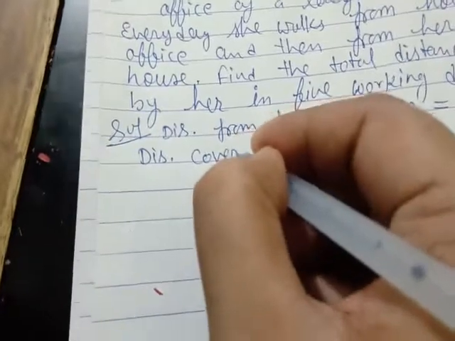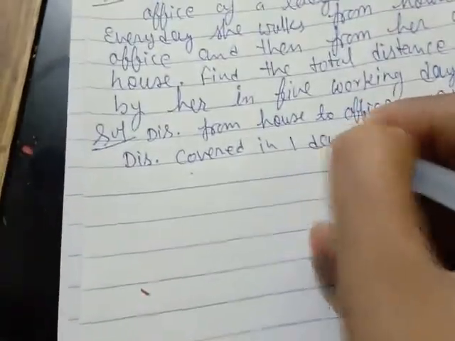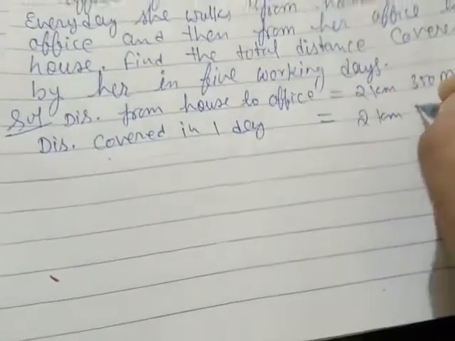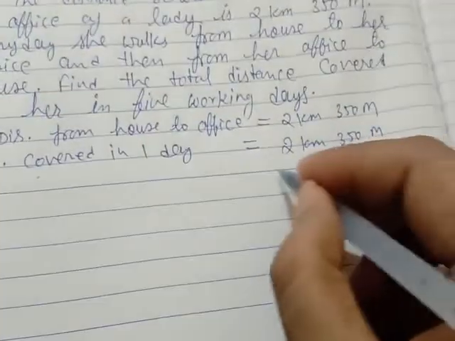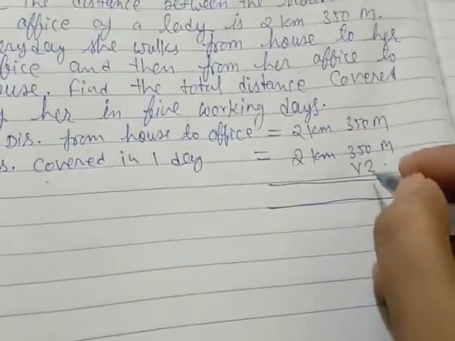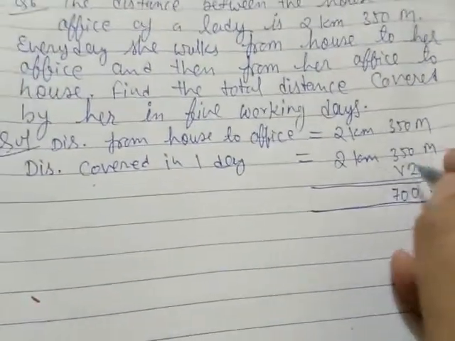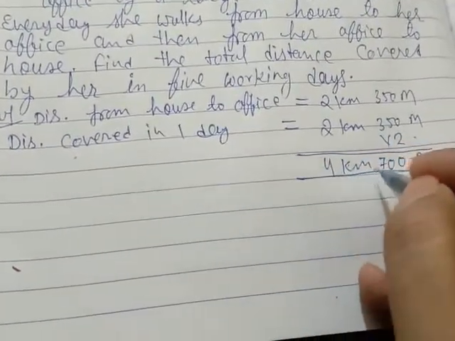Distance covered in one day: as you know, she goes and comes back, so we will multiply the number by 2. Multiply the number: 2 times 0 is 0, 2 times 5 is 10, 2 times 3 is 6, 1 makes 7, and 2 times 2 is 4. So in one day she covers 4 km and 700 meter.